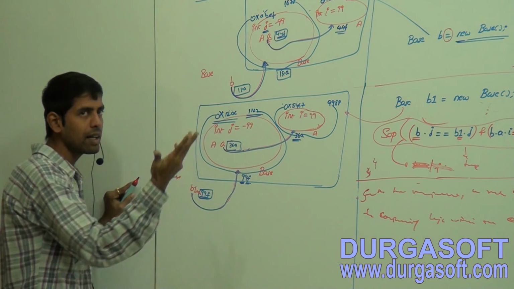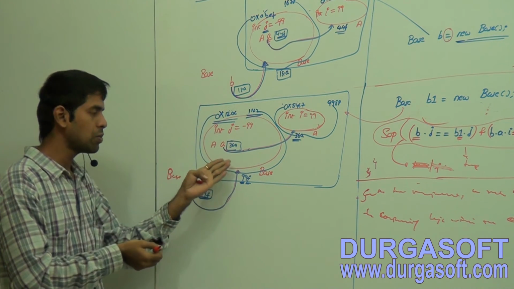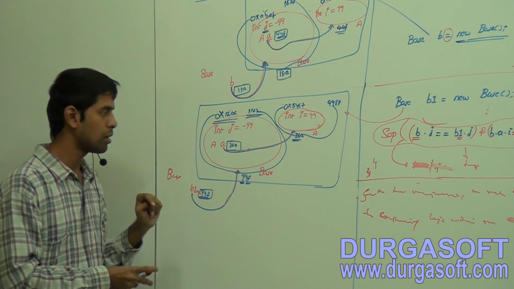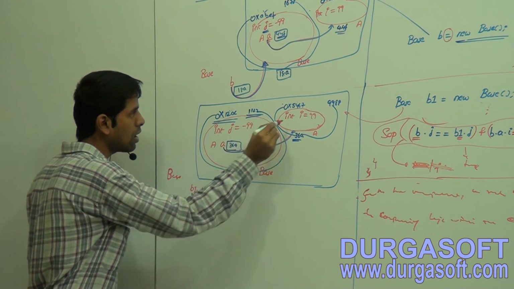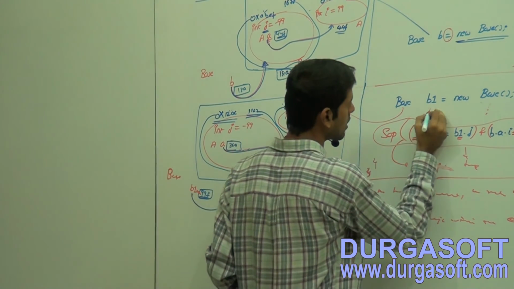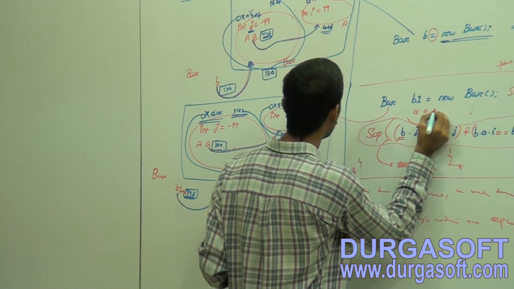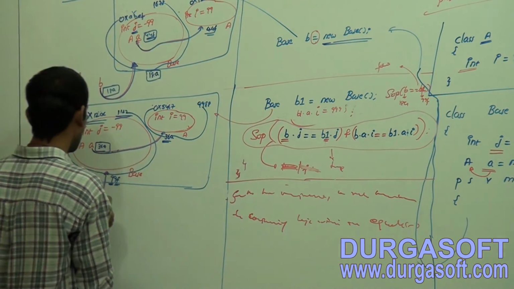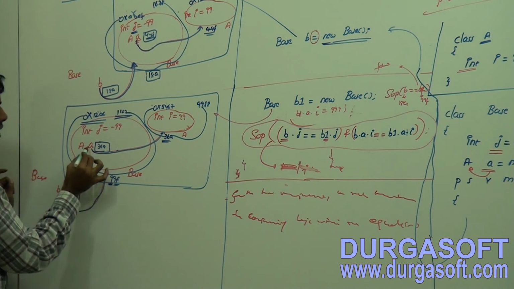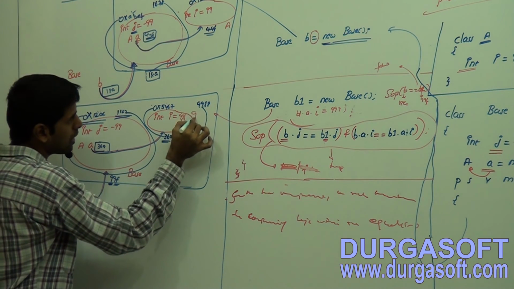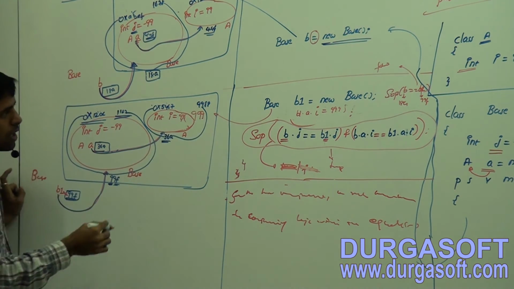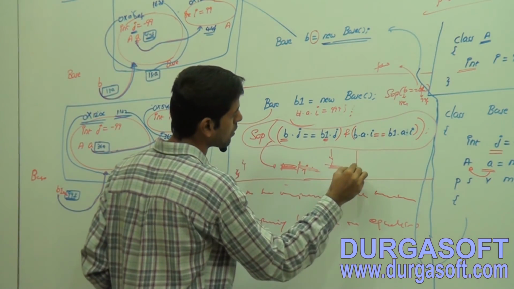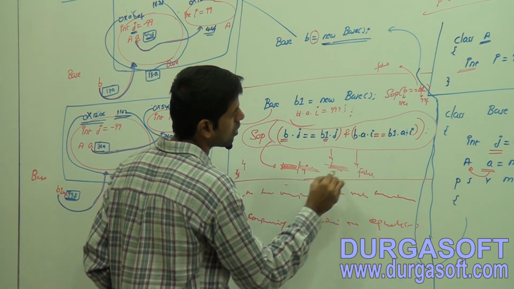Indirectly these are addresses only. Observe here: b1 dot a dot i equals 999. I am changing the value to 999. If I compile and run this piece of code, what will be the value? It will be false, getting?